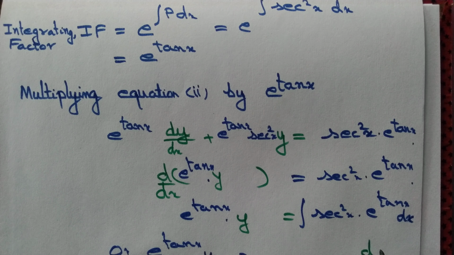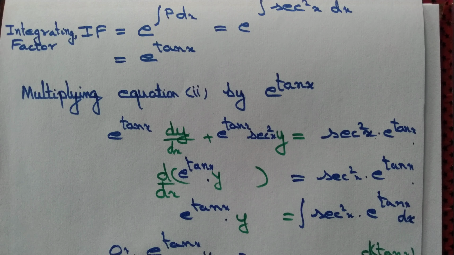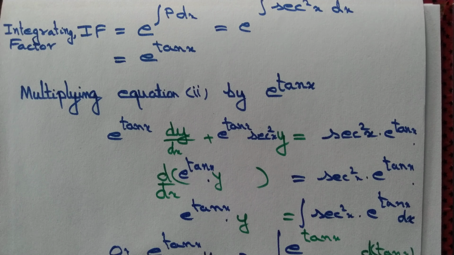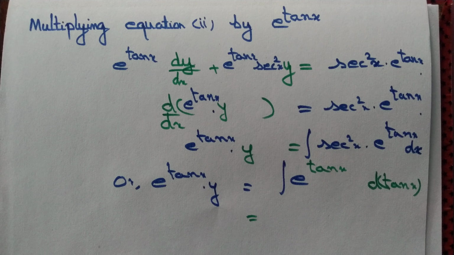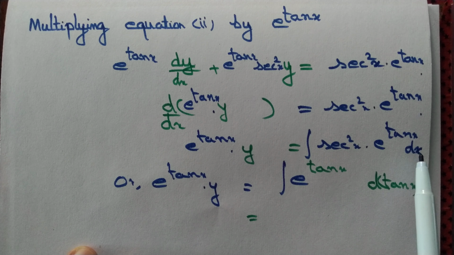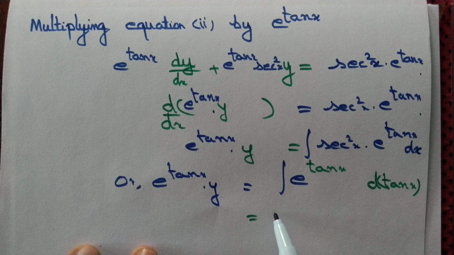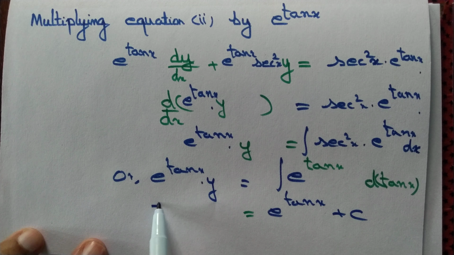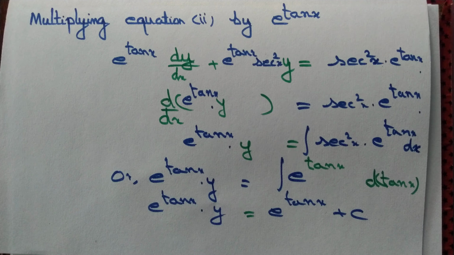So sec square x dx can simply be written as d of tan x. So the given integral can be written as the integral of e to the power tan x d of tan x, and that's equal to e to the power tan x plus some constant. So e to the power tan x times y equals e to the power tan x plus some constant.